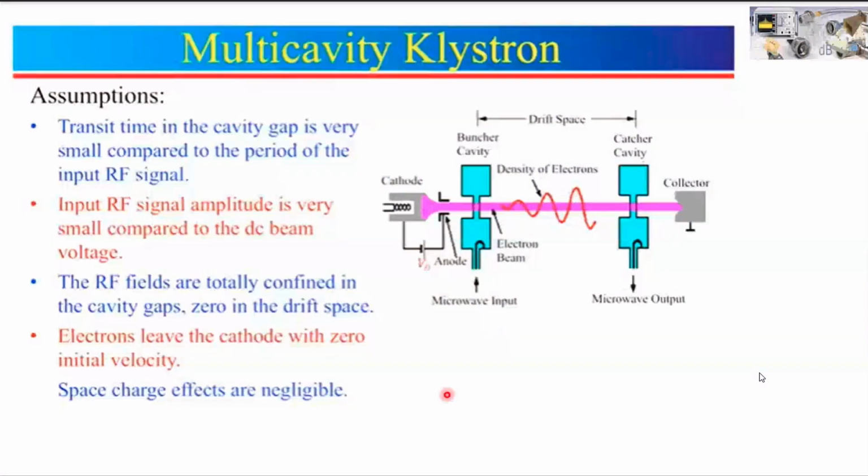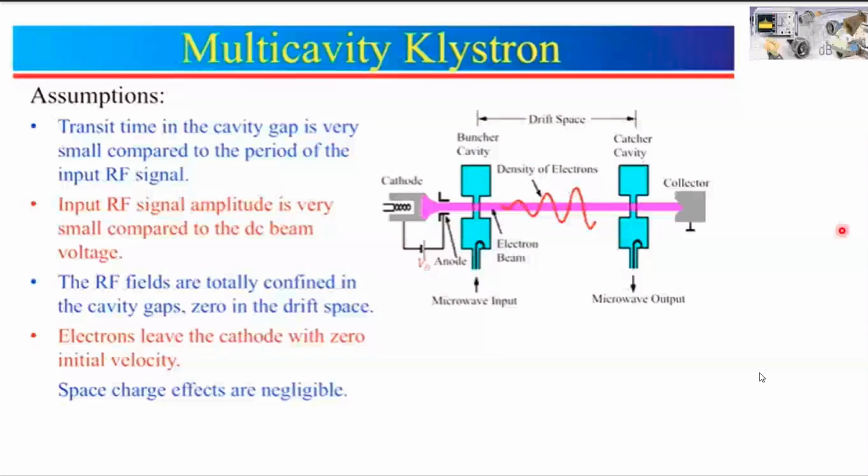Electrons in this particular klystron are injected from the cathode, and all these injected electrons will reach the first cavity with uniform velocity. All these assumptions I have already discussed.